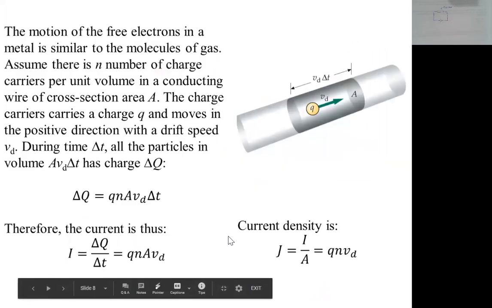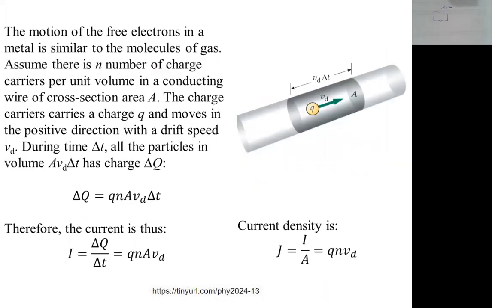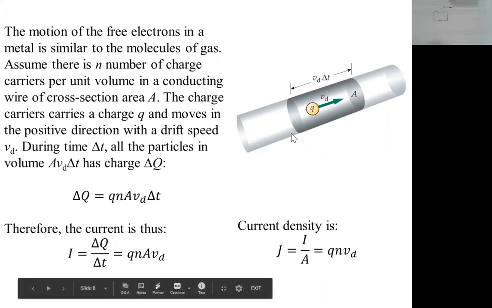For the charge carriers to go through a conductor, it's similar to the gas molecular movement we mentioned earlier. You can calculate the amount of charge.